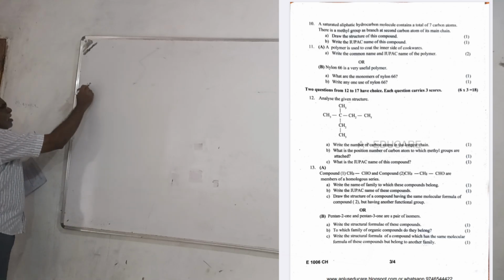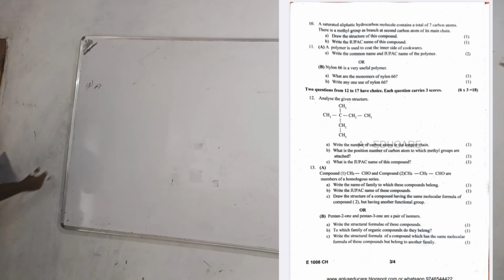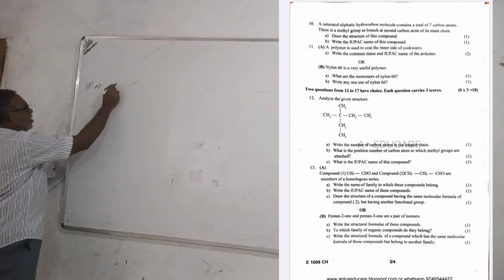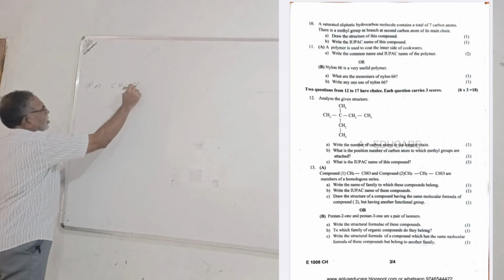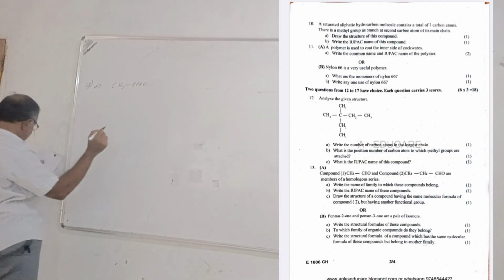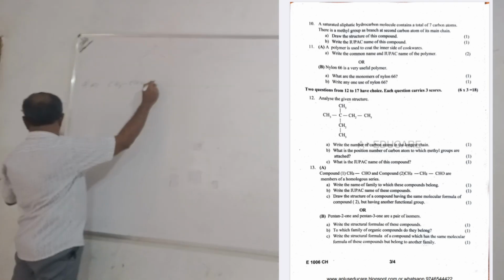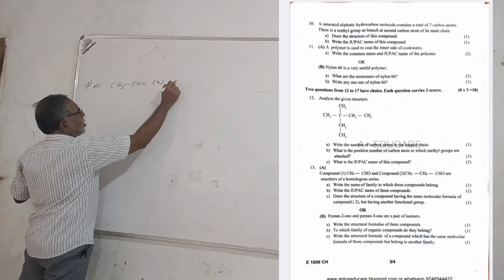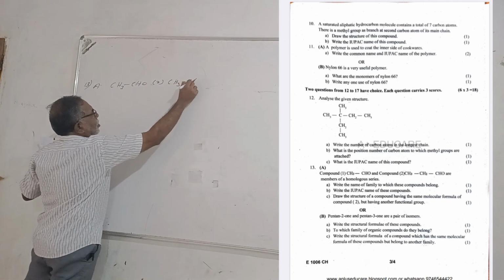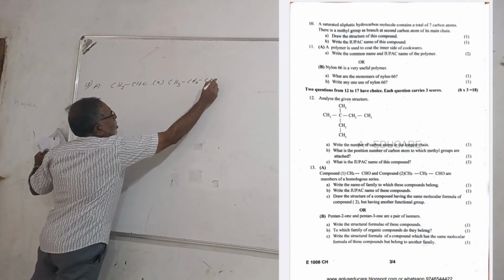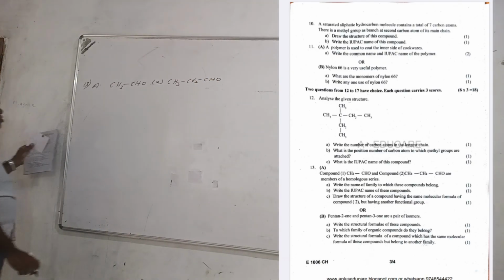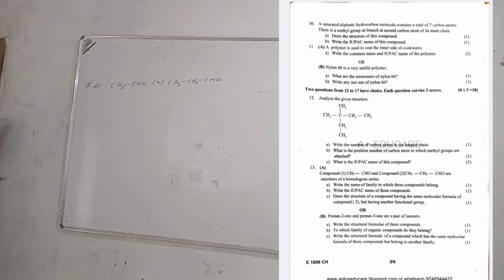Question number 13. The compounds CH3CHO and CH3CH2OH are the two compounds given.